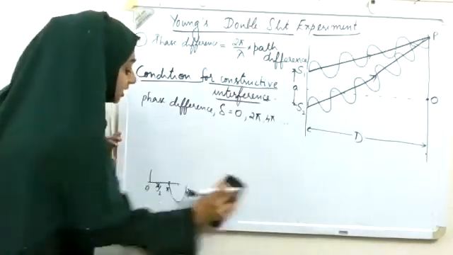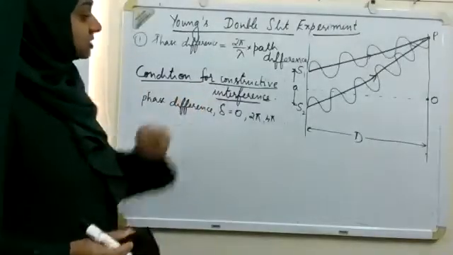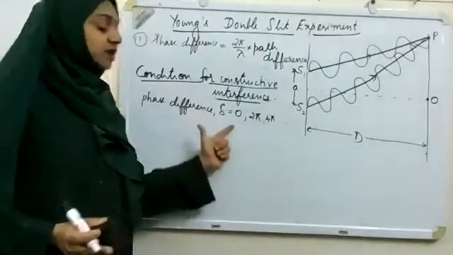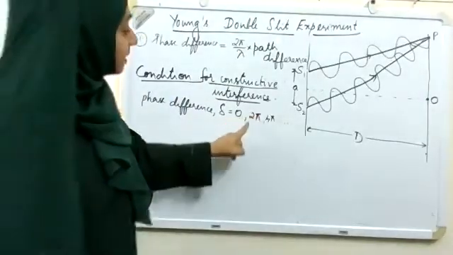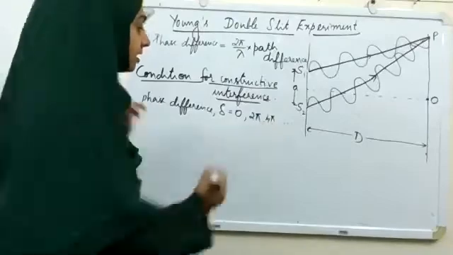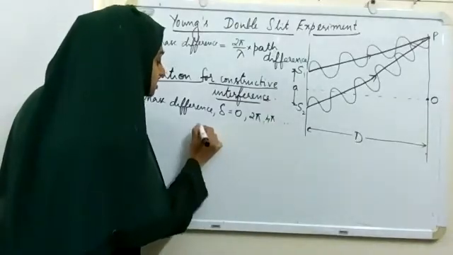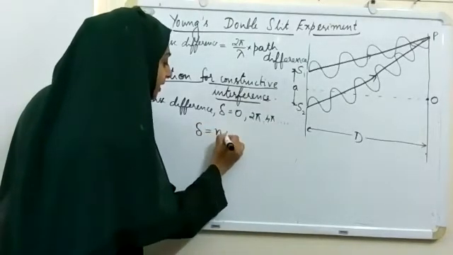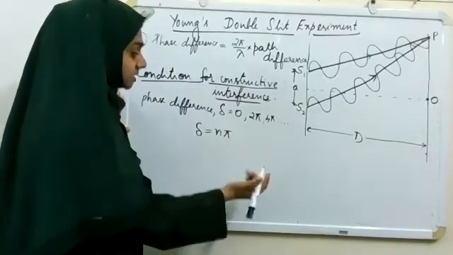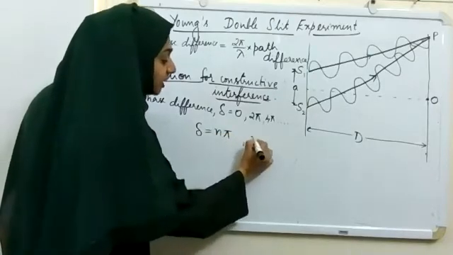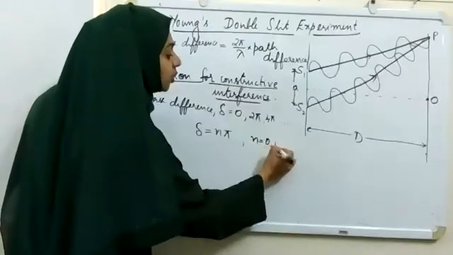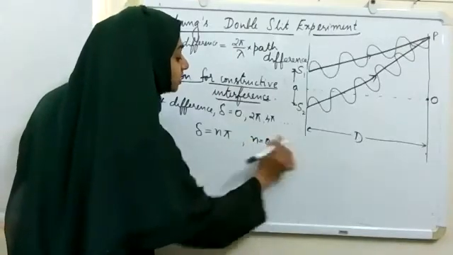So the condition of constructive interference is that the phase difference should be an even multiple of pi. In other words, we can write this as delta is equal to 2n pi, because it is an even multiple of pi, where n is equal to 0, 1, 2.